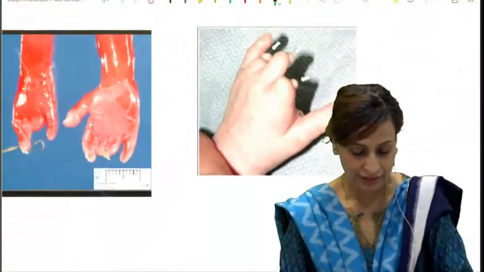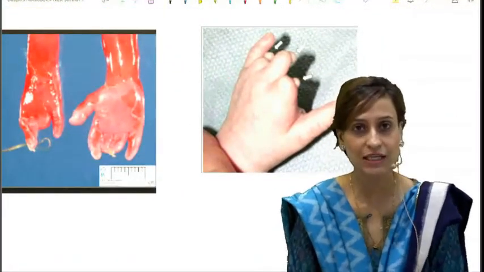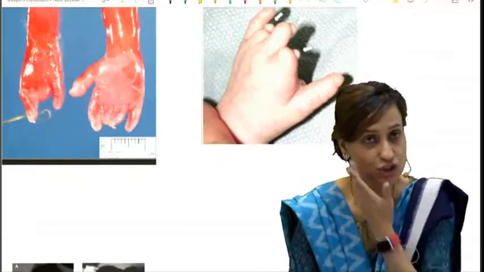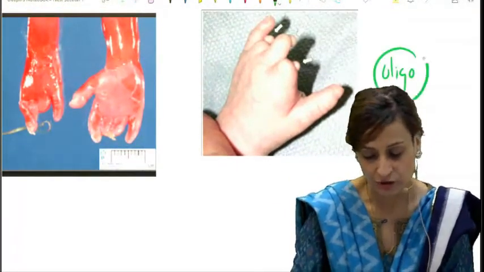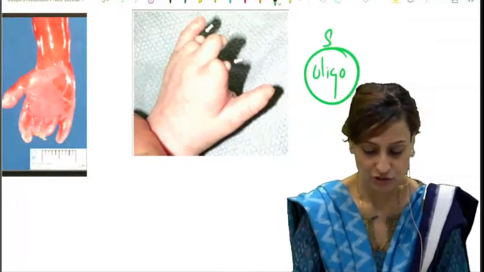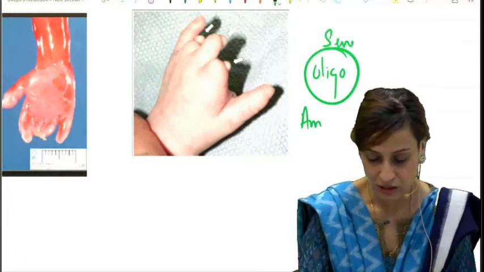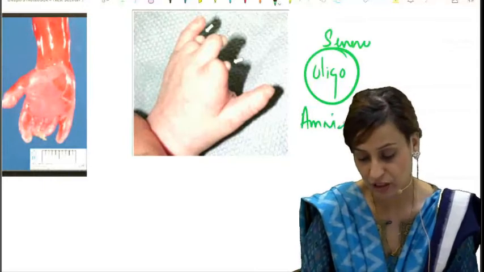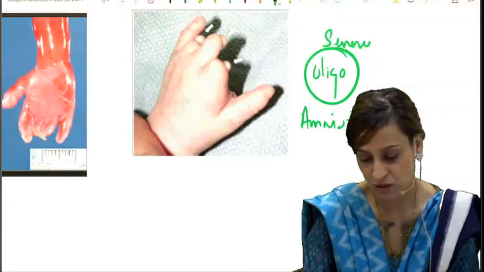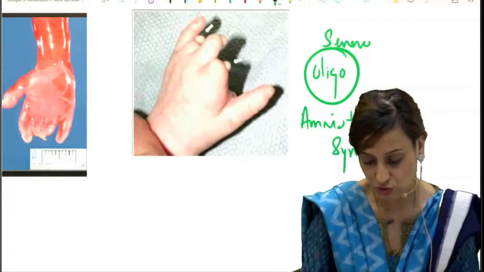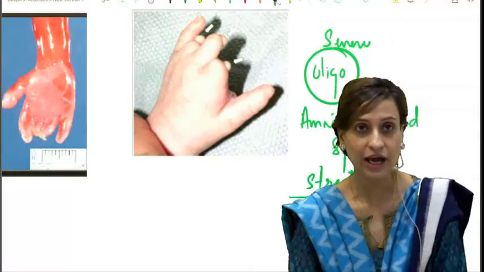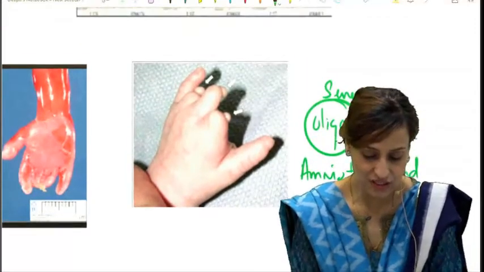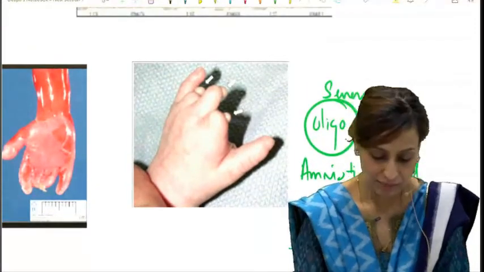Then important things are about the liquor. This is a picture which you see with oligohydramnios in the baby, right? With severe oligohydramnios, there can be a condition called amniotic band syndrome, which is also called Streeter's dysplasia, right? What you have to identify is that these children will develop distal limb amputation.